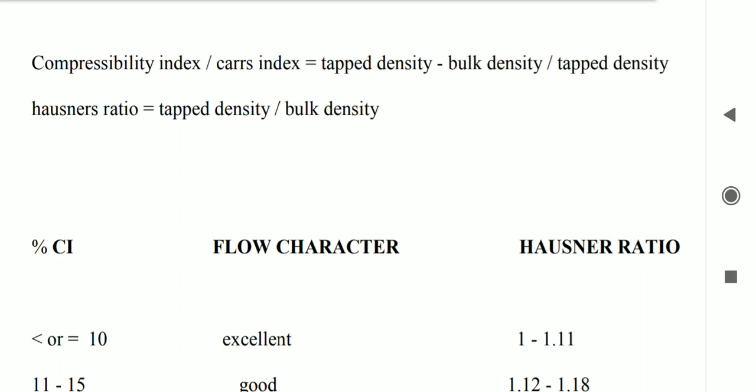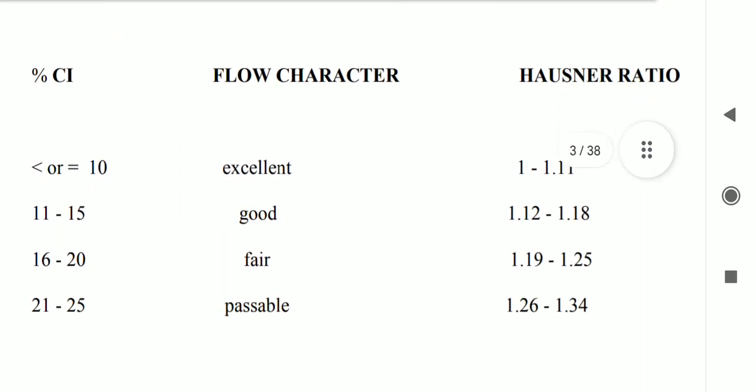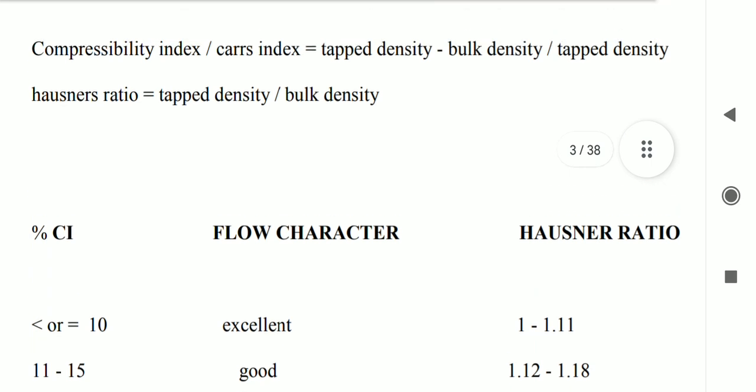So the more the Carr's index, the more the flow character goes down. And the same with Hausner ratio. The formula for Hausner ratio is tap density divided by bulk density. If two materials have the same bulk density but one has more tap density, meaning more free space and more stickiness, the Hausner ratio will be more, and a higher Hausner ratio means less flow character.